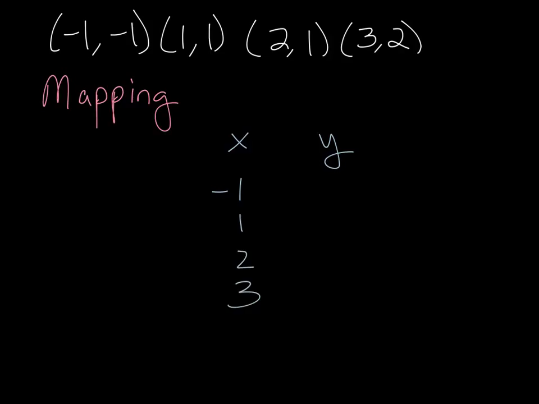And you're going to take your y values, and if they repeat, you only have to write them once. So -1, 1 is there, and 2. And then you're going to make this connection. So -1 goes with -1, 1 goes with 1, 2 also goes with 1, and 3 goes with 2. That's what a mapping looks like.